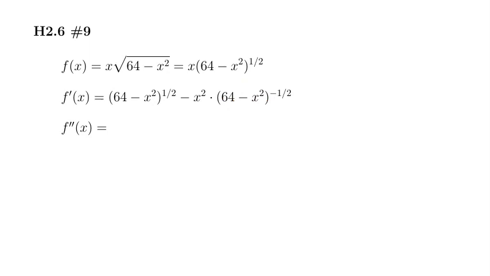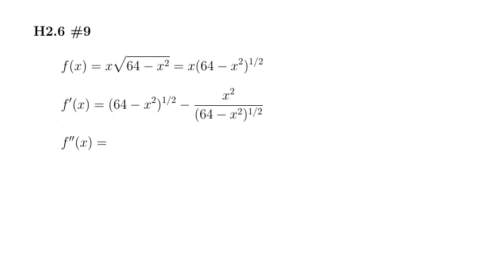We're going to have x squared on the numerator, and then 64 minus x squared to the 1/2 power on the denominator. I'm going to make it look a little bit bigger so that you can see it better.